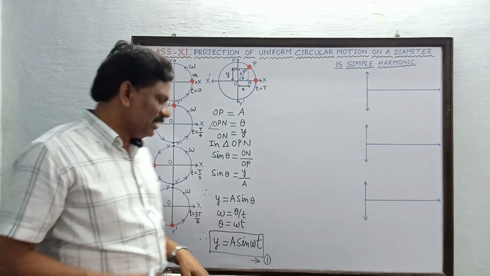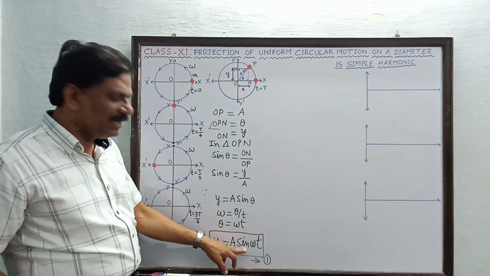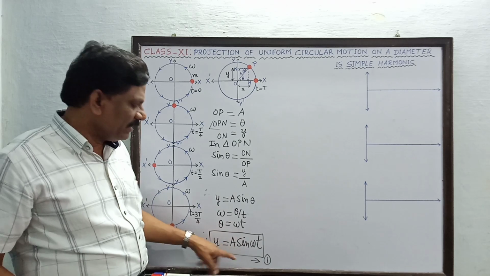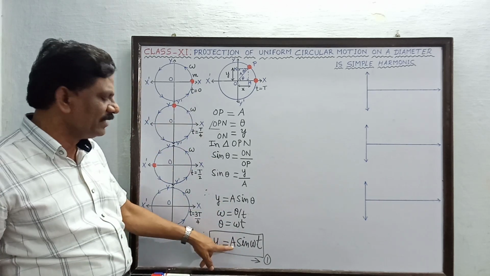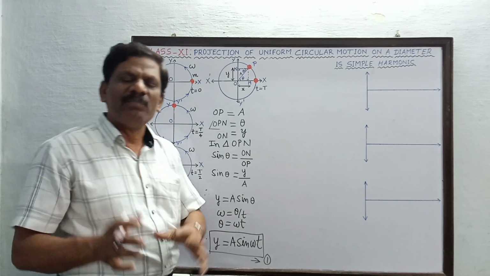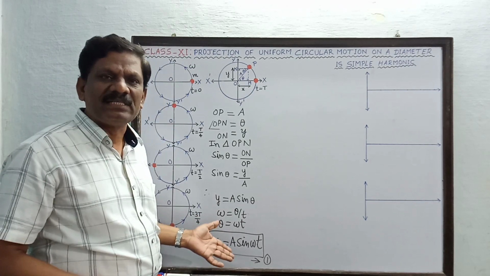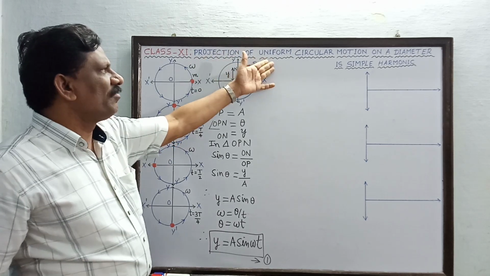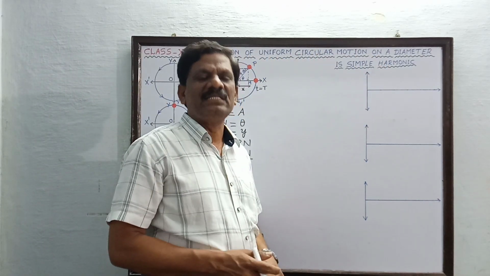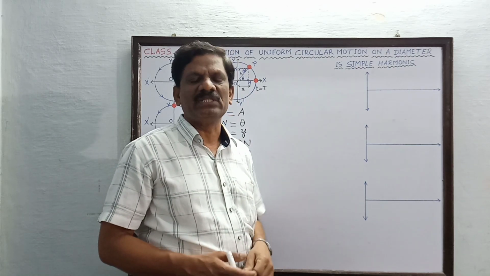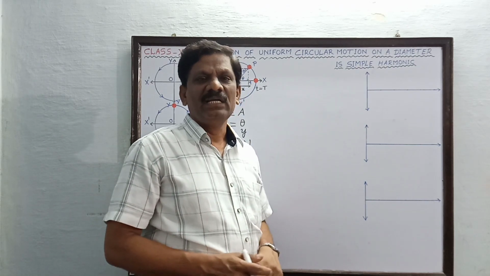Mathematically, it interprets the displacement of the particle as simple harmonic, where A is constant, called the amplitude, the maximum displacement. So we have proved from this equation that the projection of uniform circular motion, or the displacement of the particle moving in a uniform circular motion, is simple harmonic.